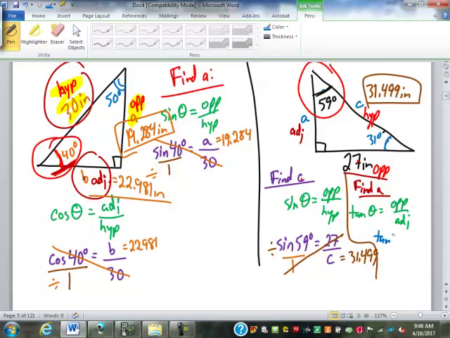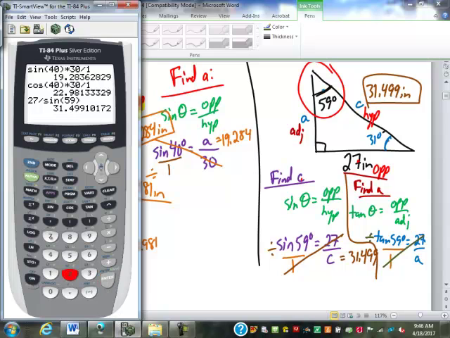I know my angle is 59 degrees. Opposite is 27. My adjacent side is A. So I'll put that over 1. It's going to be cross multiply. 1 times 27 divided by the tangent of 59. 16.223.